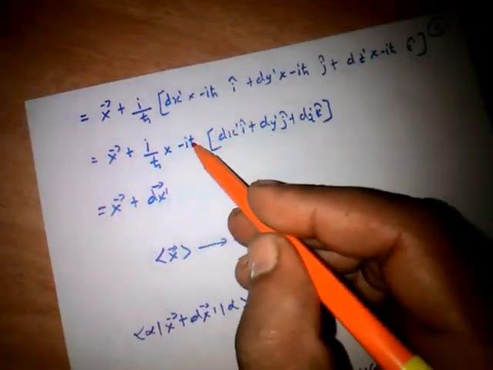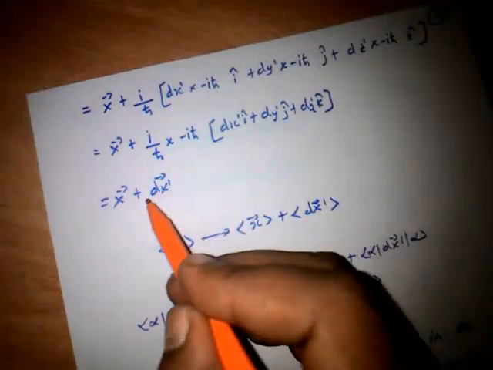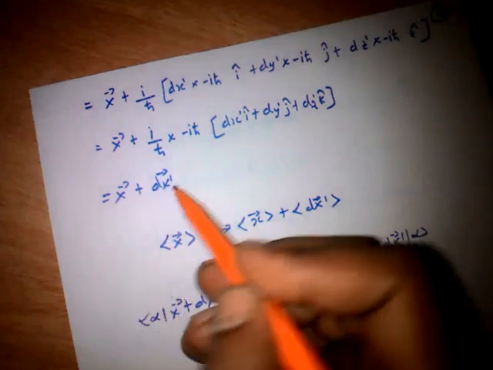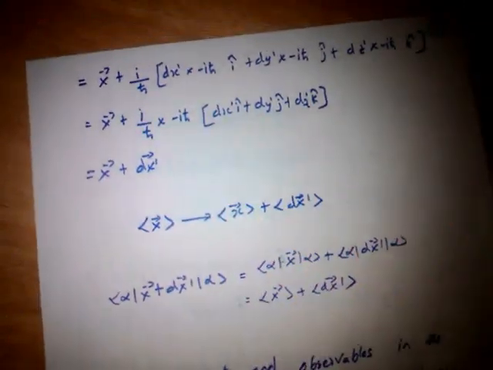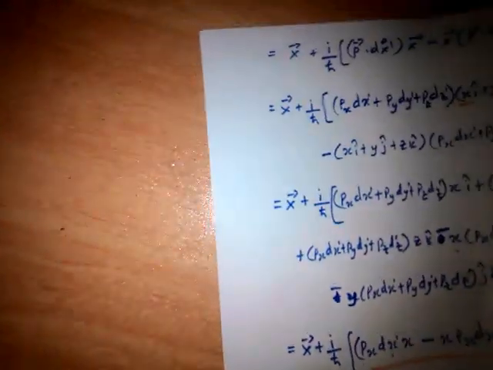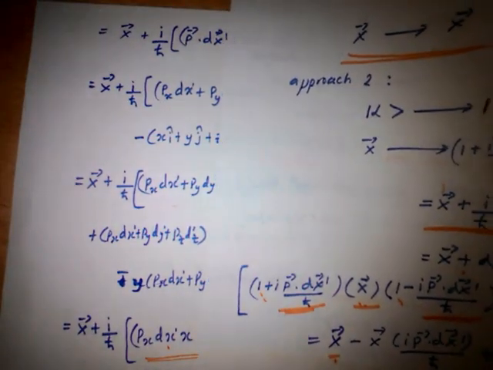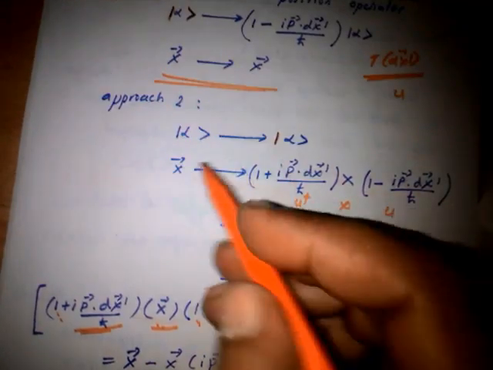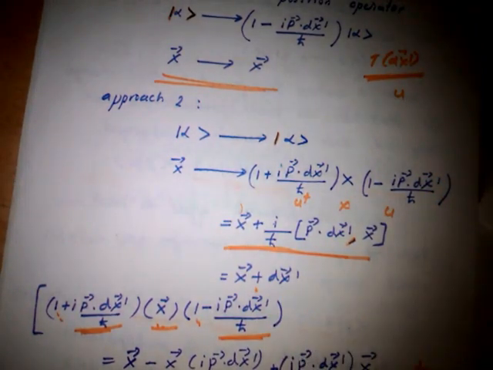Plus this h cross will get cancelled, and this minus sign also will be plus, and that is equal to x plus dx dash. So we got the transformation of operator x into x plus dx dash.